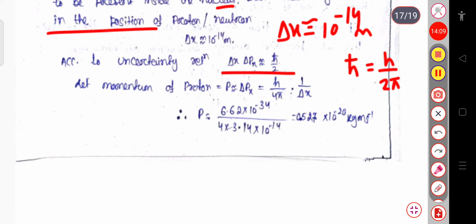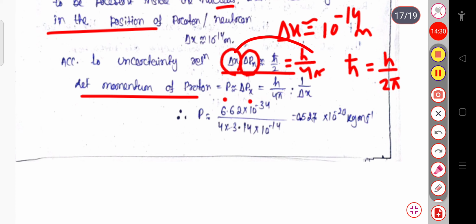Now the momentum of the proton, or for the neutron, is p, equal to delta px, and if I put the value of h by 2 pi here, this is nothing but h by 4 pi. So from this relation delta px will be equal to h by 4 pi into 1 by delta x.